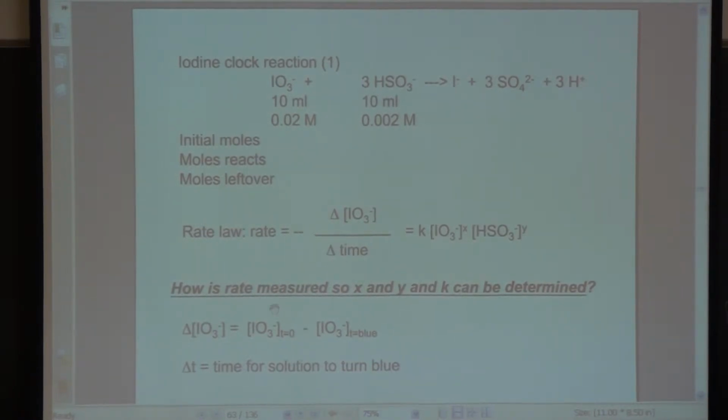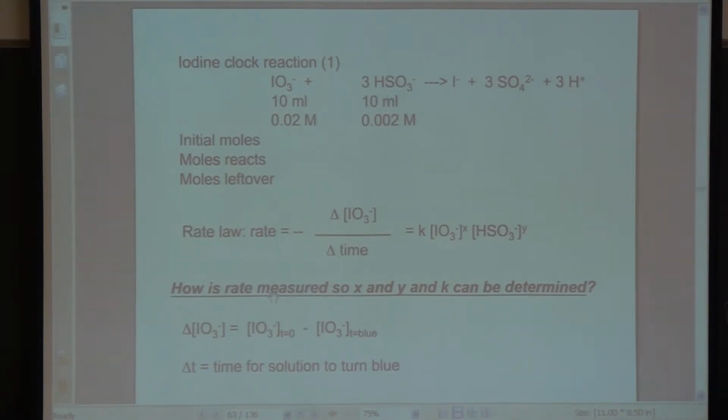We'll also figure out the change in concentration of IO3 minus. Then we'll be able to figure out, based on the rate of this reaction and these concentrations, what X and Y are going to be. So we'll figure out what the order of the reaction is based on the experiment. And then delta T is the time for the solution to turn blue once you mix those two solutions together.